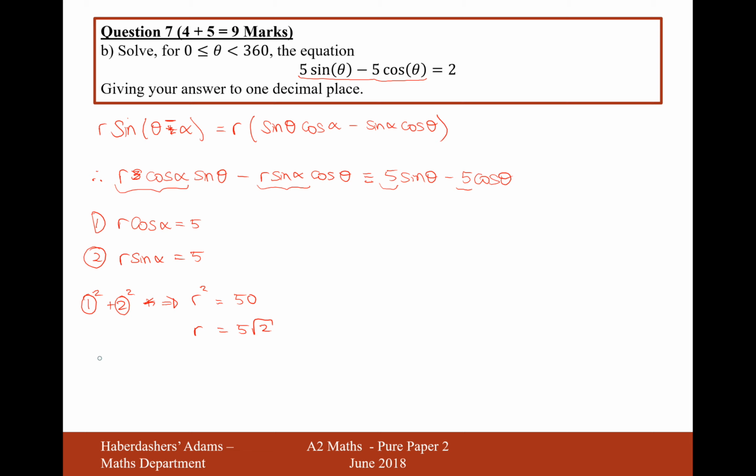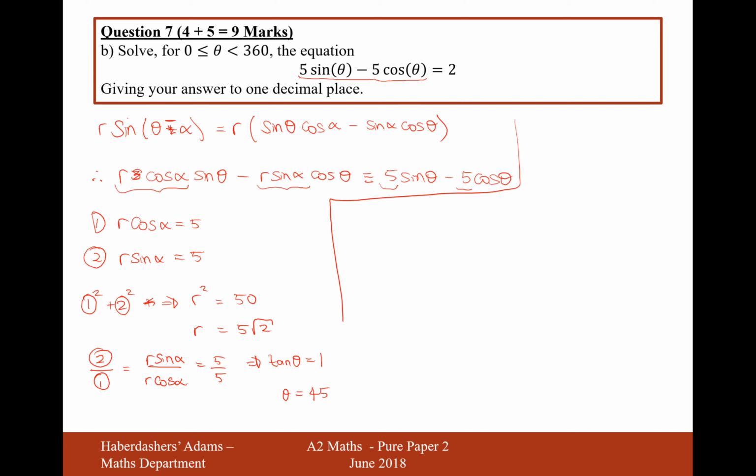And we can also do equation 2 divided by equation 1 to give us our alpha value. That's r sine alpha over r cos alpha equals 5 over 5. So therefore tan of alpha will equal 1, so therefore alpha is going to equal 45 degrees.